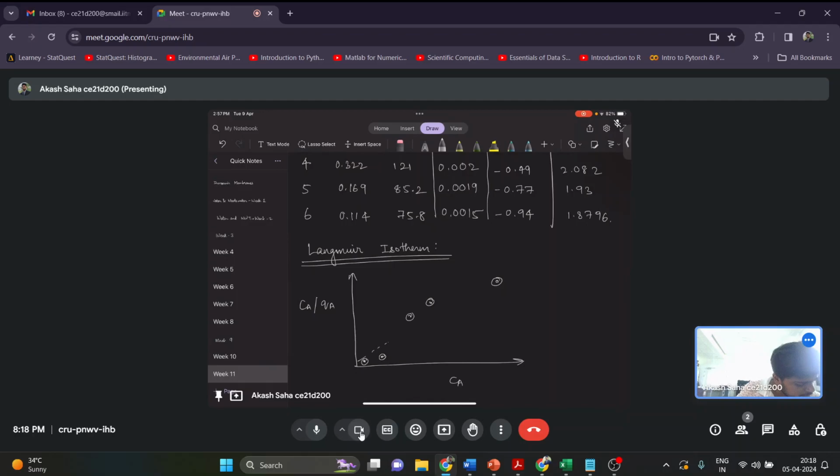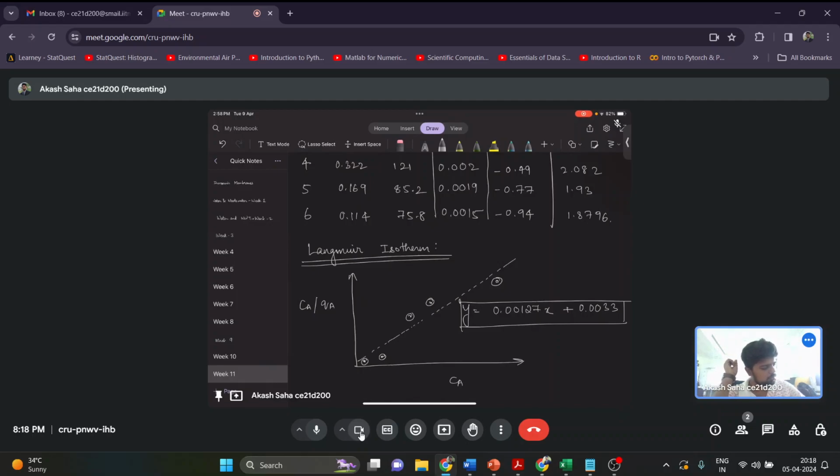My linear regression line will be somewhere like this, and if we find the equation of this with the help of Excel or by linear regression, we get y equal to 0.00127x plus 0.0033. So this is the equation of my linear regression line.